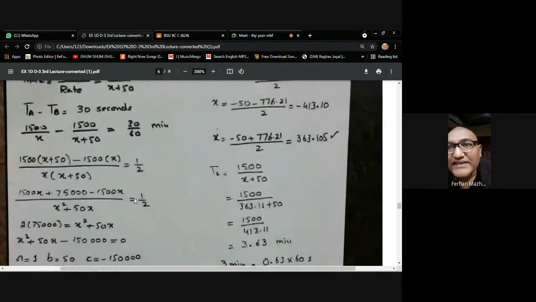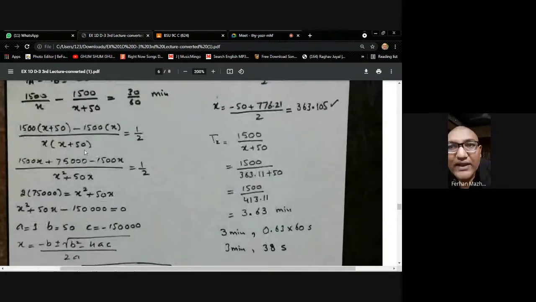Now you can see this will be 1 by 2, and here I have taken the LCM. Both the denominators come into the LCM, and then I divide this LCM by this denominator. x and x will cancel, x plus 50 will be left, and that multiplies with this numerator. So here you have 1500 bracket x plus 50 bracket close. Then I divide the LCM by the second denominator, x plus 50 and x plus 50 cancel, x is left, and that multiplies with the numerator.